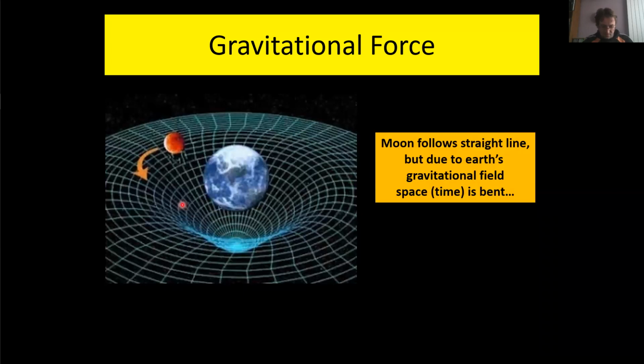We have the Earth that deforms space, and now we have a moving particle called Moon that is orbiting around. And it orbits because there is no friction. It's like a marble in a marble run. If there's no friction, it will always be on the same orbit.